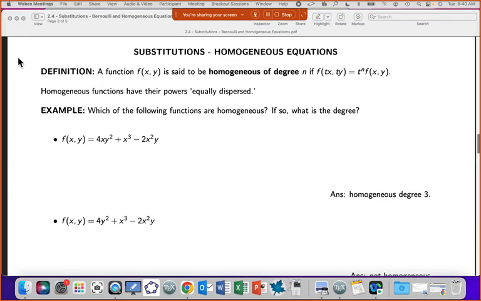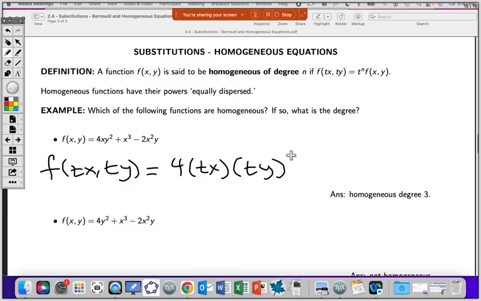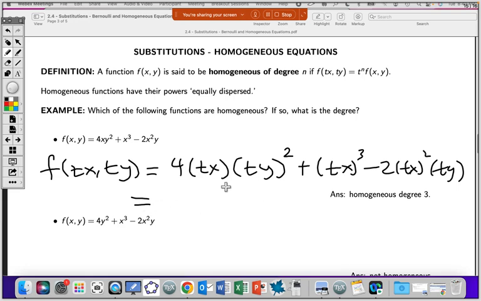So as an example, if I look at this function here, if I look at f of tx ty, everywhere I see an x, I'm going to put parentheses around it and replace it with tx, and every y with ty. So we can see what happens here.